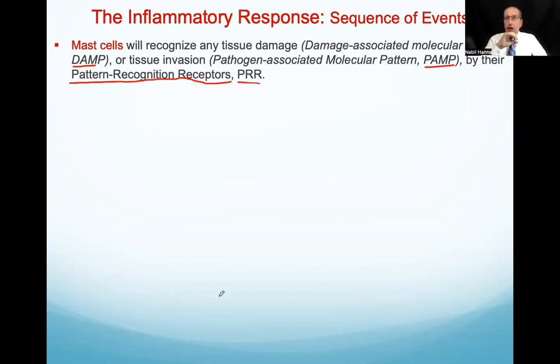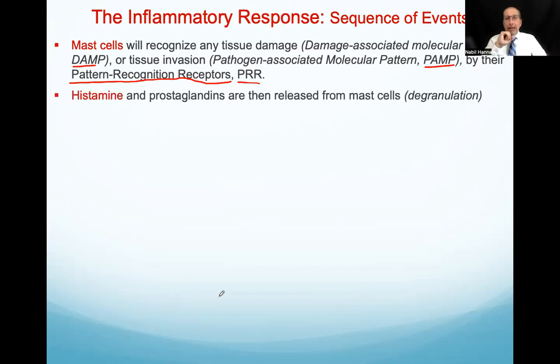What happens to an octopus if you scare it? It's going to shoot its ink. And what happens to the mast cells when they get scared? They shoot chemicals, granules inside them, and these granules have a lot of histamine and prostaglandins. This process is known as degranulation of mast cells.